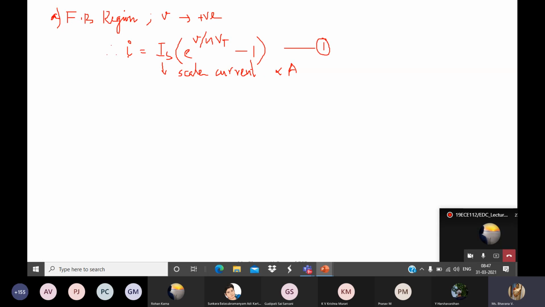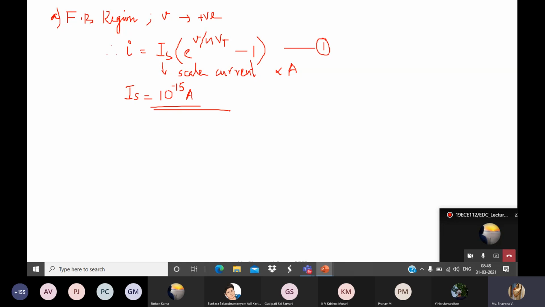Next line. For small signal diodes or small size diodes, which are used for low power applications, Is will be equal to 10 power minus 15 amperes.